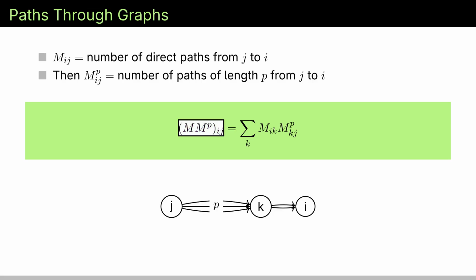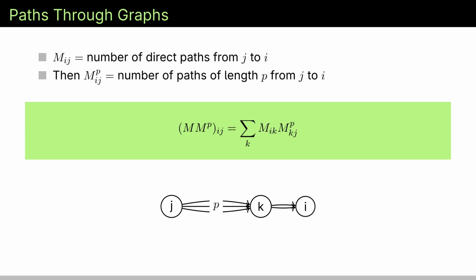And the ijth element of that, so the number of paths of length p plus 1 from j to i, is given by this sum. First, we multiply the number of paths of length p from j to k by the number of direct paths from k to i.